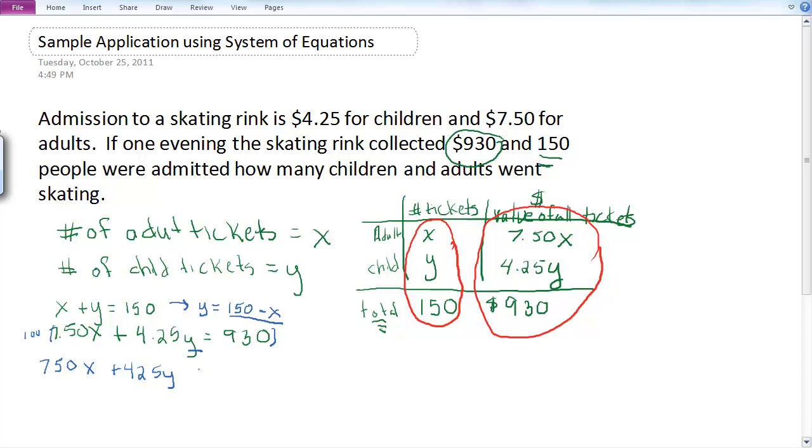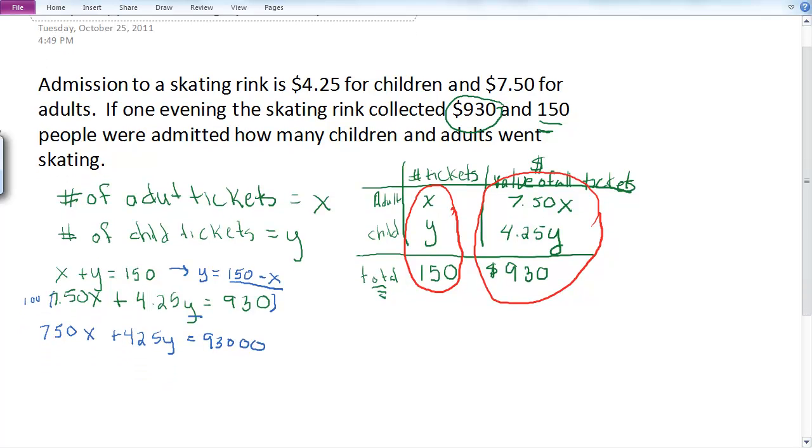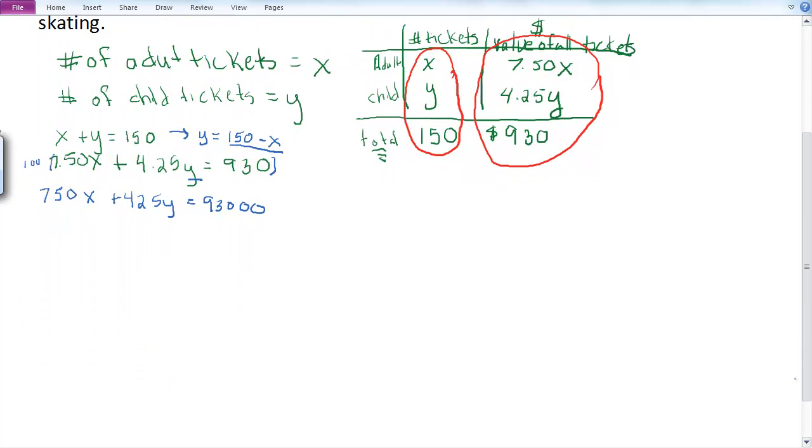But the key is make sure you multiply the 930 by 100 also. So there's the equation. So I'm going to go ahead and solve this using substitution. I'm going to take the second equation and leave it multiplied by 100.